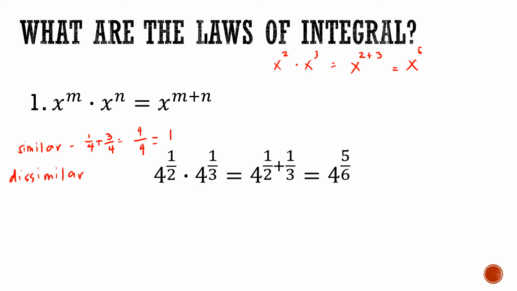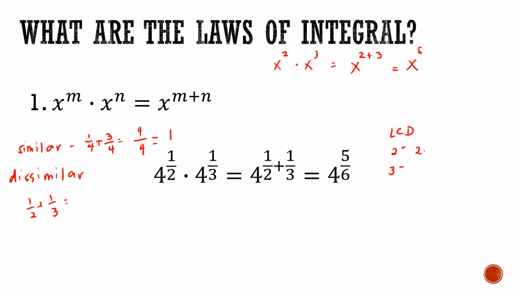For dissimilar fractions, example 1 half plus 1 third. Since the denominators are not the same, we will get the LCD of 2 and 3. How to get the LCD of 2 and 3? We simply write down the multiples of 2 and 3.